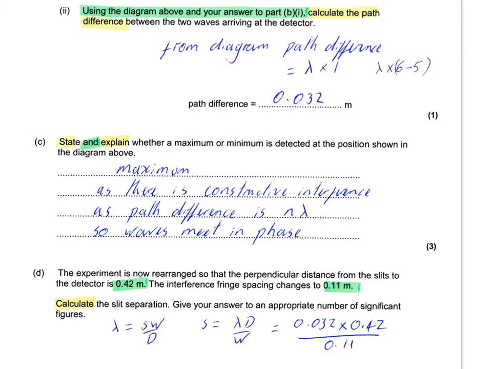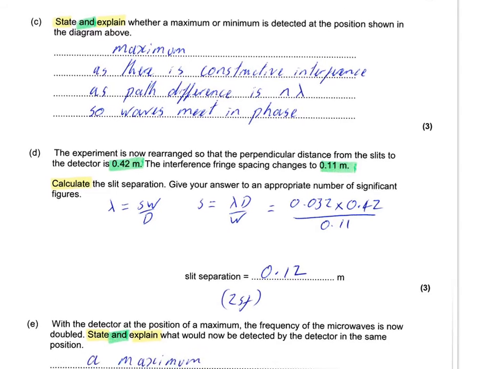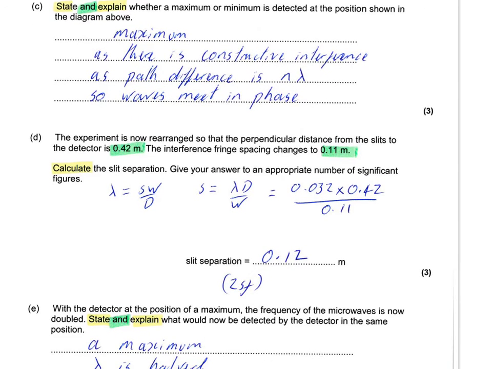Then we've got that rearranged so that the perpendicular distance from slits to detector is 0.42 meters, and the interference fringe spacing changes to 0.11 meters, and you're asked to calculate the slit separation.